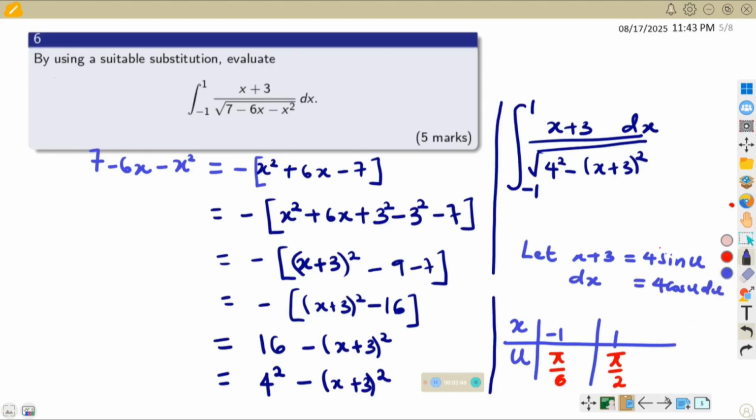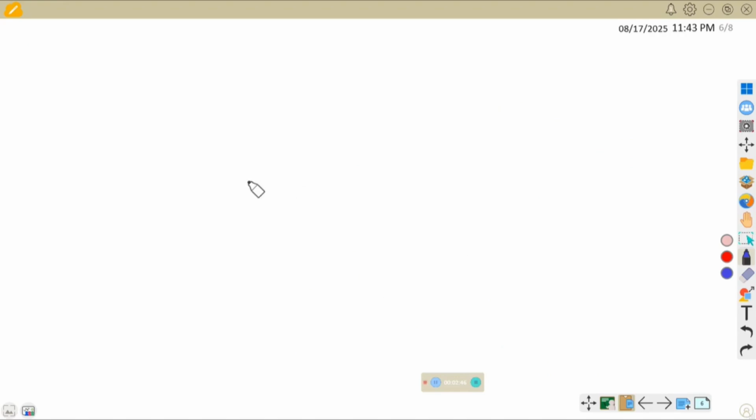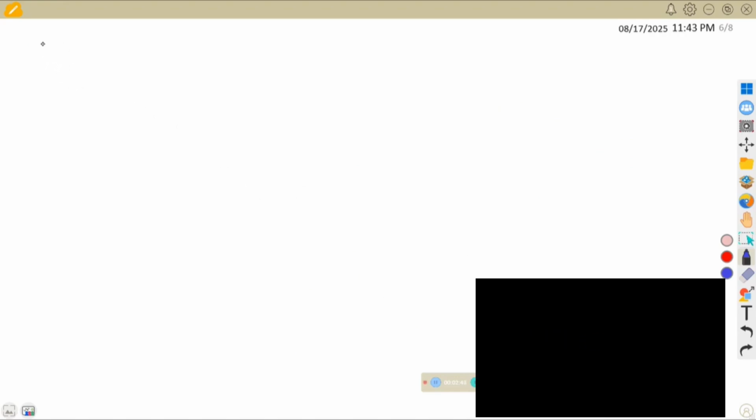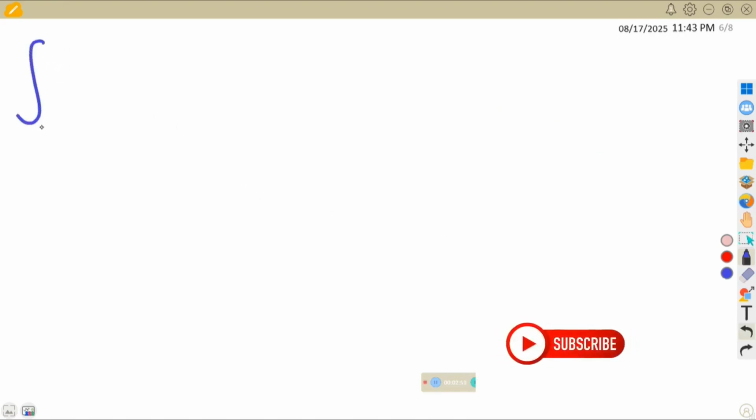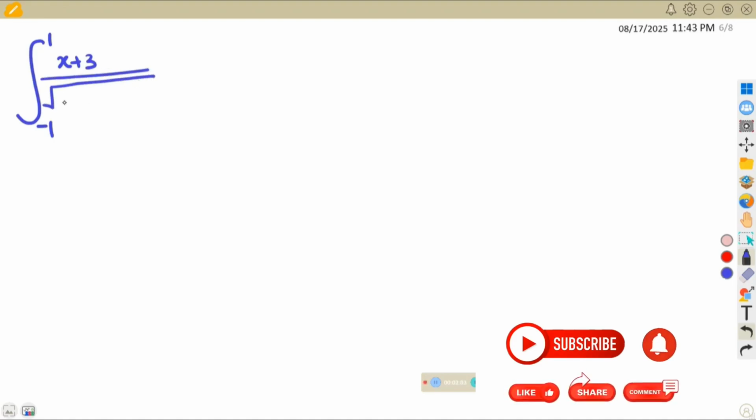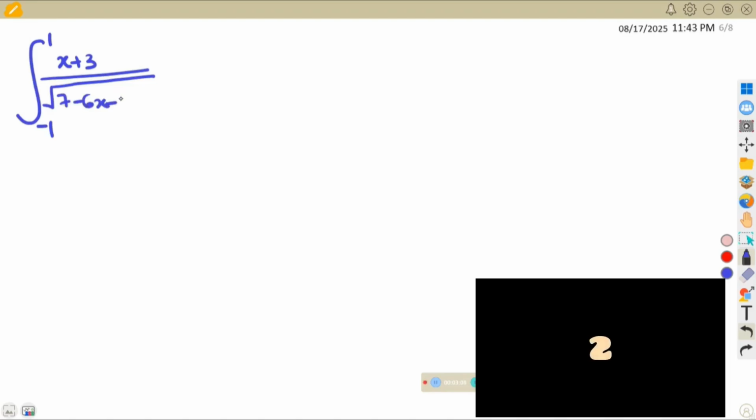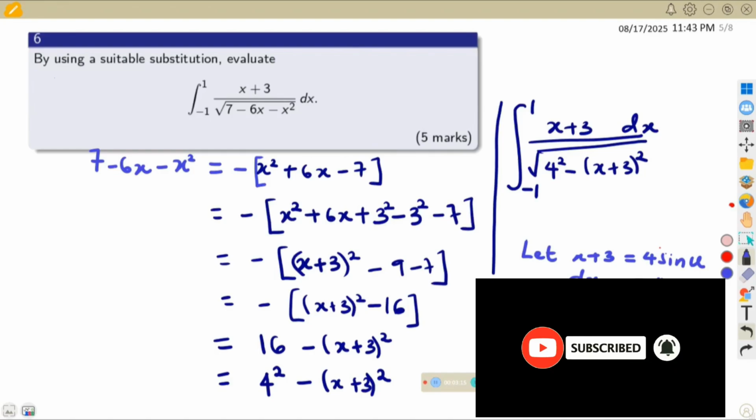So now, instead of having the integral of -1 to 1 of x plus 3 divided by the square root of 7 minus 6x minus x squared dx, we are going to substitute it with what we have got.